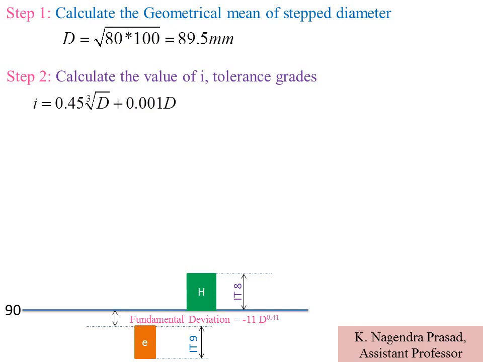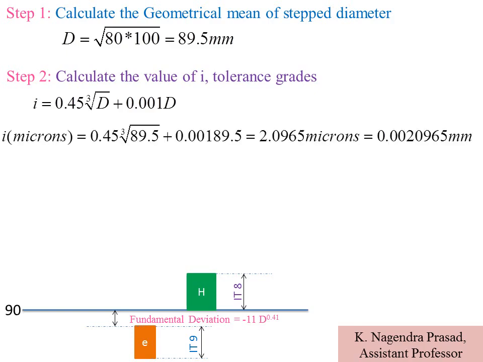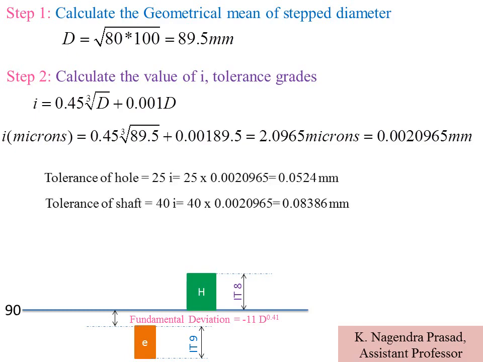So we substitute in the i equation and we get the i value, that is 2.0965 microns, which is equal to 0.0020965 mm. So next we have to find the tolerance grades for the hole as well as the shaft.